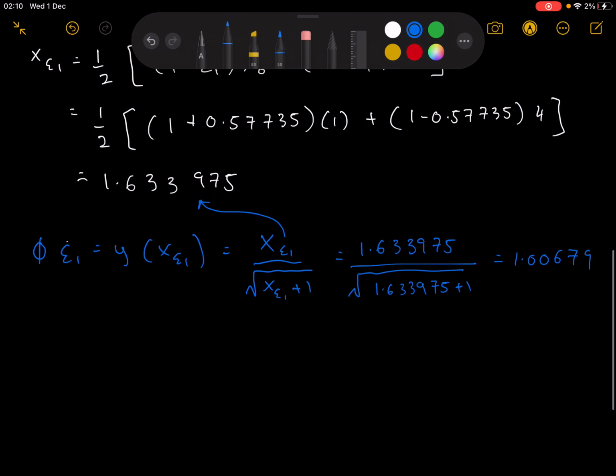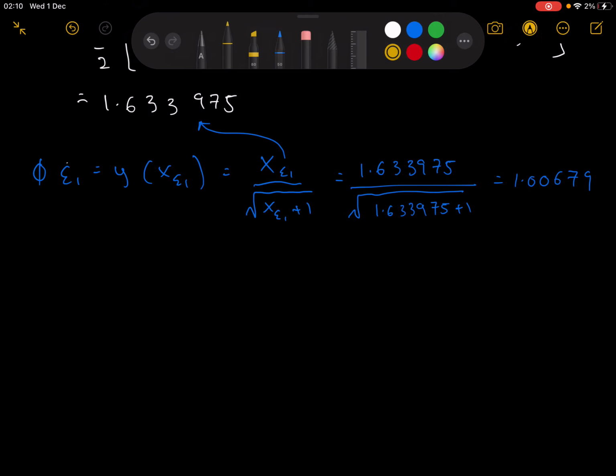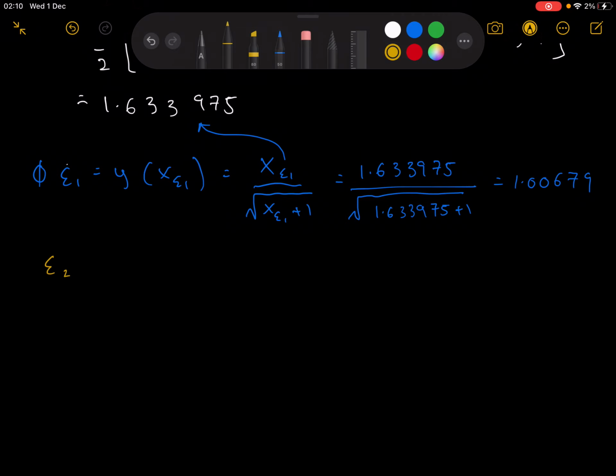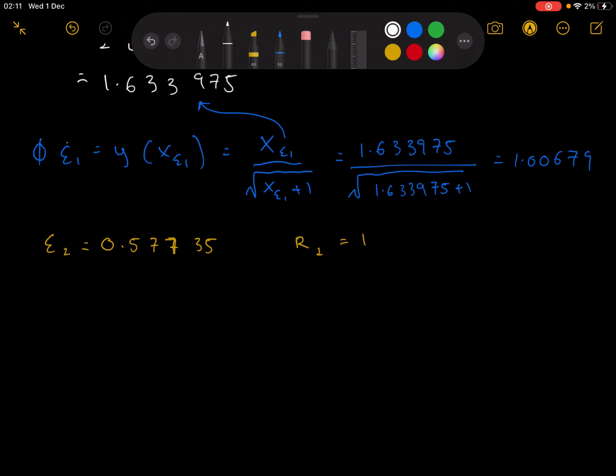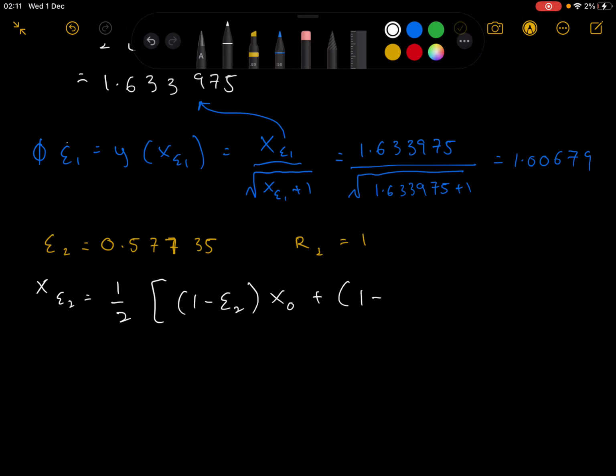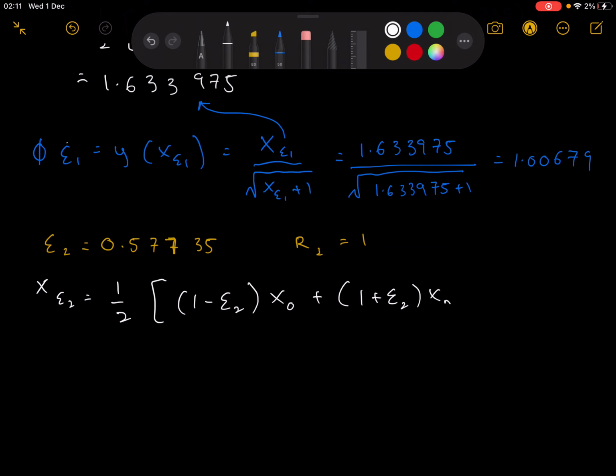So we have done for zeta 1. So since 2 points, let's do for zeta 2. Zeta 2, because it's in the positive region from the table, so the value is 0.57735 and its corresponding R2 value is 1. So x zeta 2 is half, 1 minus zeta 2 x naught plus 1 plus zeta 2 xn.